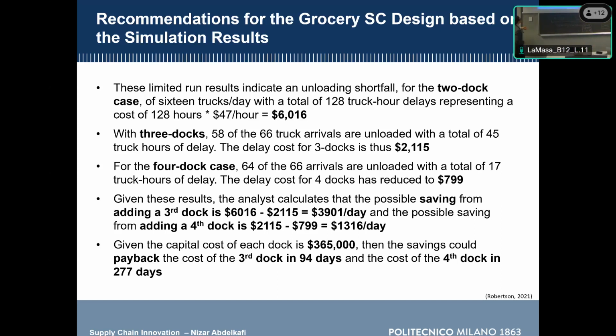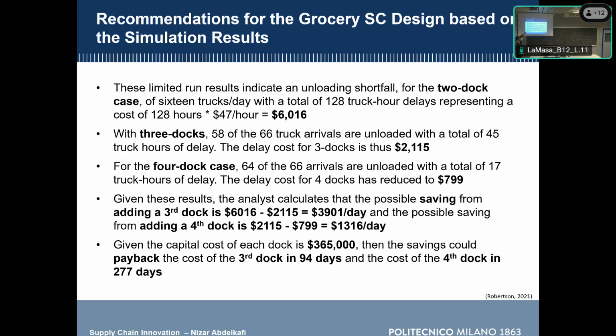Then adding a 4th dock, I compare the delay costs of 3 and 4 docks, which is 1,316 per day. So when I add a 4th dock, I am saving, as compared to a 3 docks situation, $1,316 per day. So now I can calculate the payback.